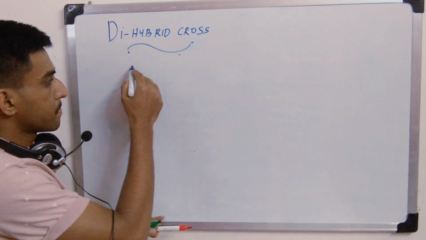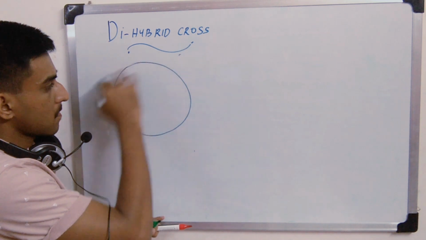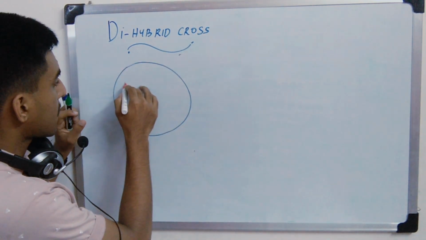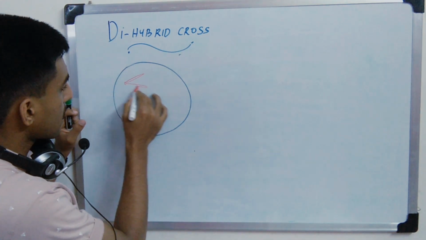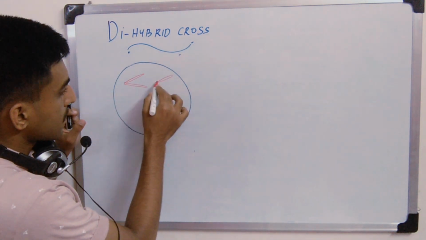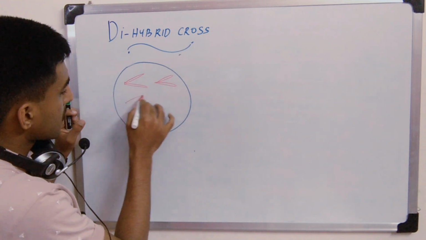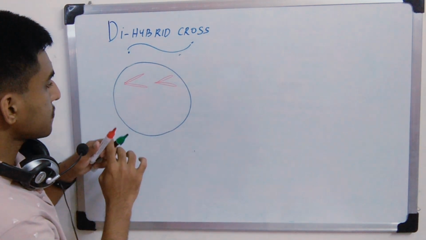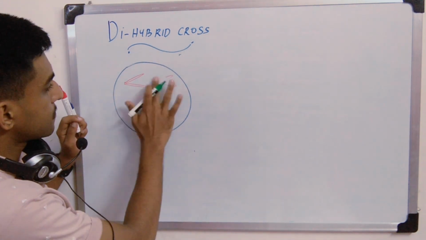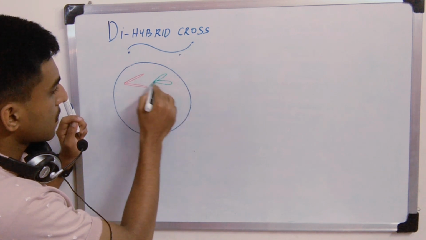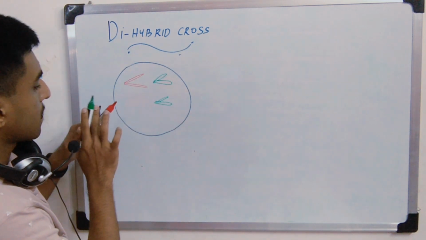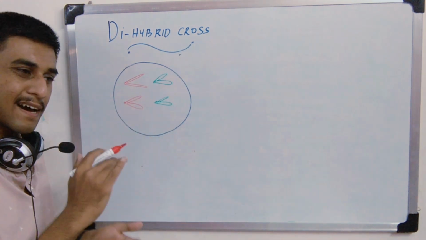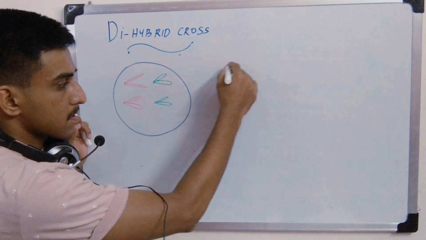Just consider a cell. Cell is having a chromosome. I am only drawing a chromatid, which means we know that this is a chromosome.